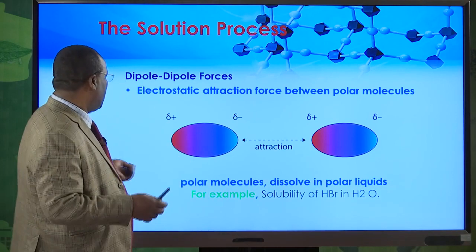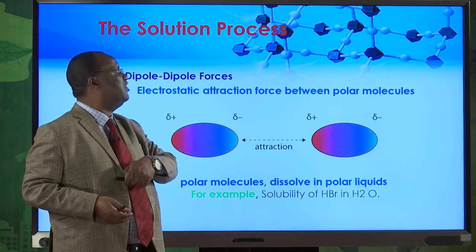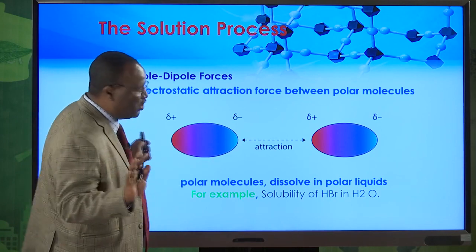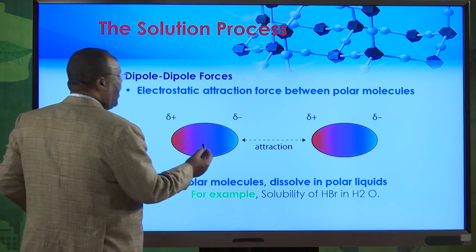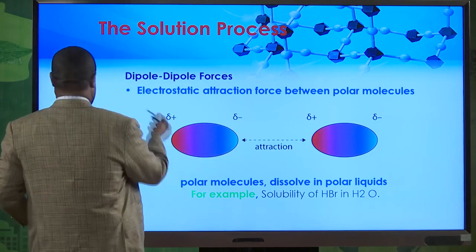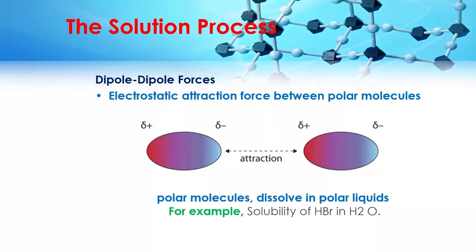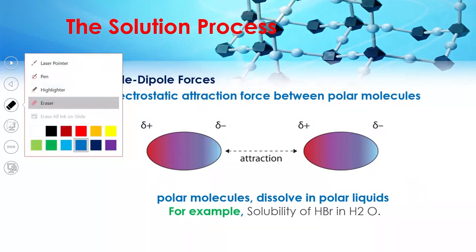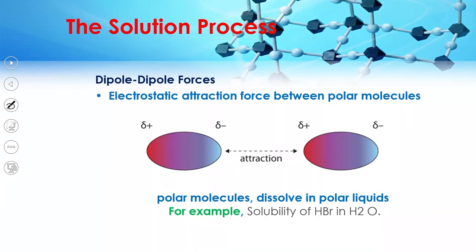For example, polar molecules dissolve in polar liquids. Like dissolves like. Take the solubility of hydrogen bromide in water. Water is a polar molecule. This is the structure of the water molecule. There is a greater electronegativity difference between hydrogen and oxygen.